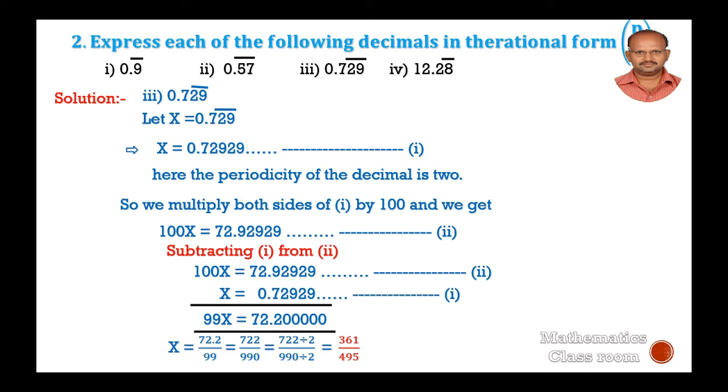Then after dividing numerator and denominator by 2, the final answer is 361 by 495. Hence 0.729 bar on 29 is equal to 361 by 495.